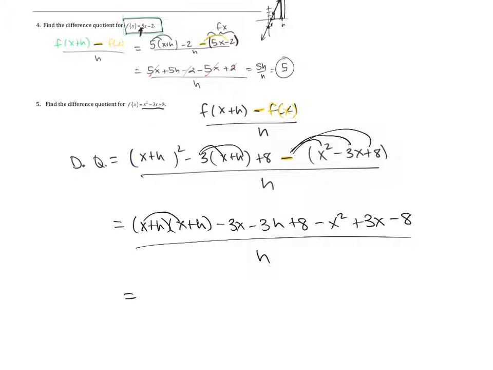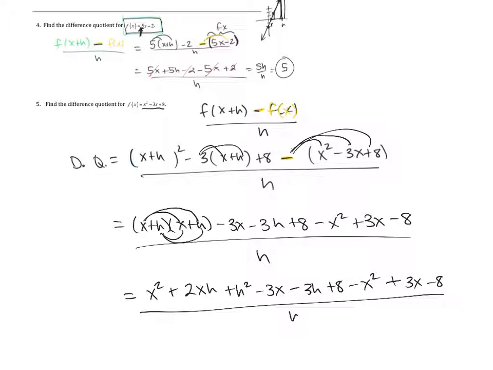I'm going to distribute my x here, so I've got x squared plus an xh plus another xh, so plus 2xh, and then plus h squared, minus 3x minus 3h plus 8 minus x squared plus 3x minus 8 all over h.